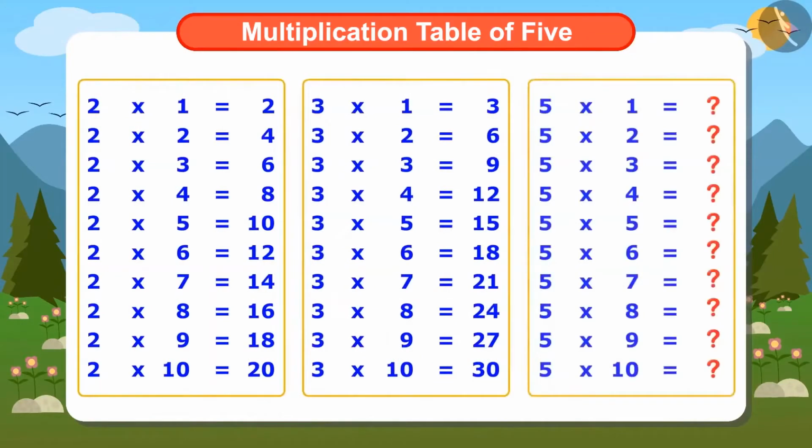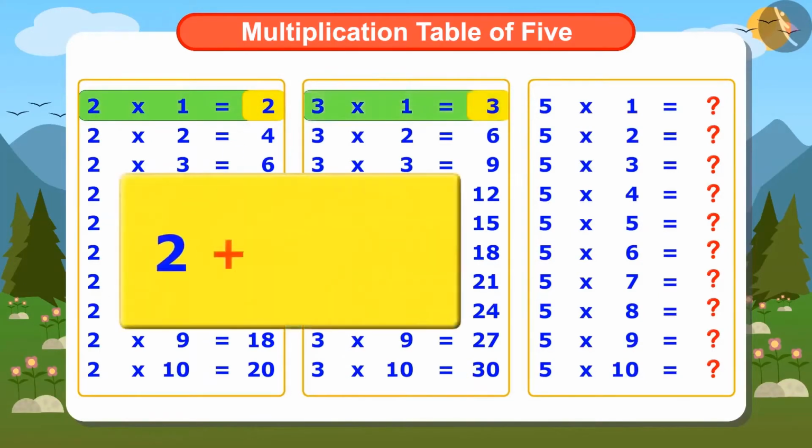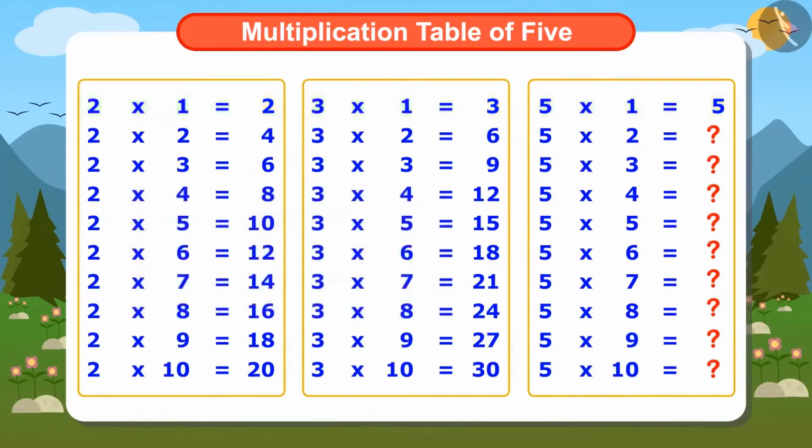Now I will write the table of 5 using these. Wait, first I will write the multiplication table of 5 as well. It will be easy to check if you are writing it correctly or not. See, 2 multiplied by 1 is 2 and 3 multiplied by 1 is 3. Add 2 and 3, the answer is 5. So we write 5 multiplied by 1 is 5.